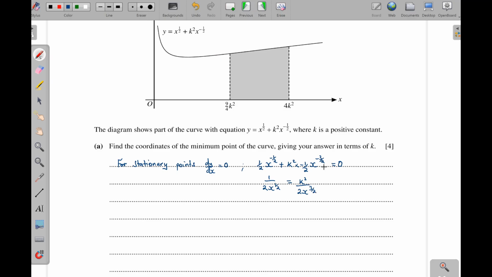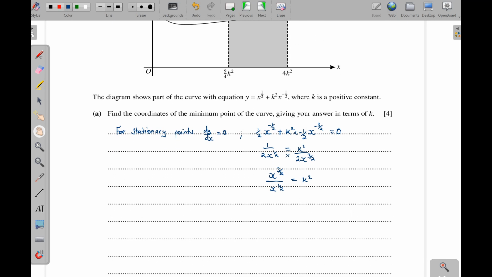Using the rules of indices, this one can come down, and then it becomes a what? A positive. Now here we are supposed to solve and find x. So don't you think this 2 actually will go with this? Yes, it will. Then when we cross multiply, we shall have x power 3 over 2 out of x power a half, and this will be equal to k squared.